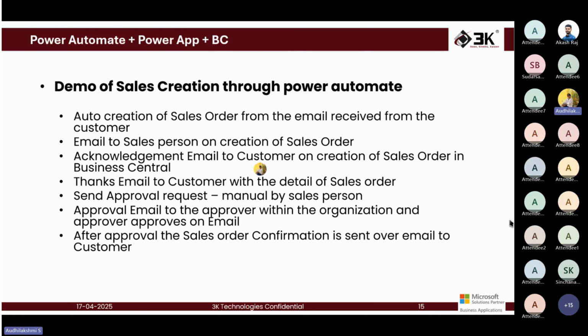Okay. And it not only creates the order in my system, it also sends my customer an email on creation of the order, thanking the customer for the order he has given. It also shares what we have created in Business Central so the customer can acknowledge that it's correct. He will be notified that this is the order we have created, and he confirms it.